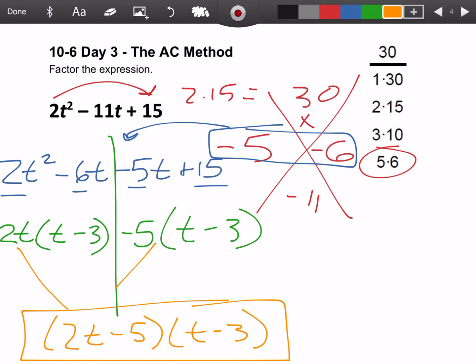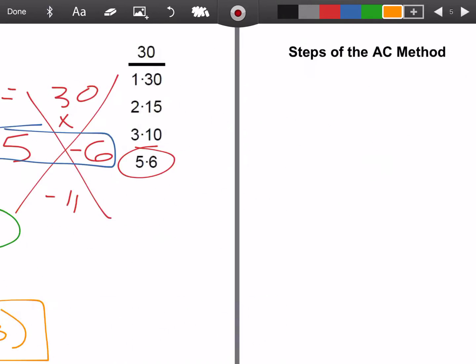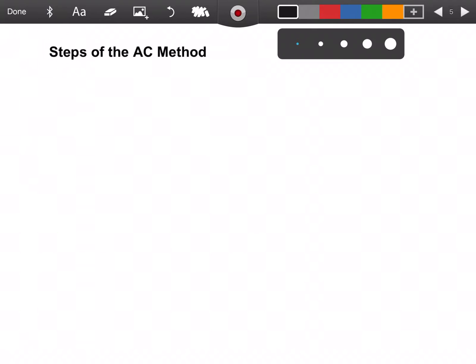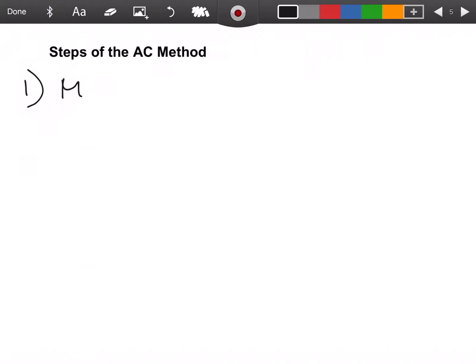That will be my factored form. And so what I wanted to do is, I know the video is getting a little bit longer, but I just wanted to go through the steps of the AC method. So just writing some things down here to say, okay, how do I even start this again? So let's just start with step 1.